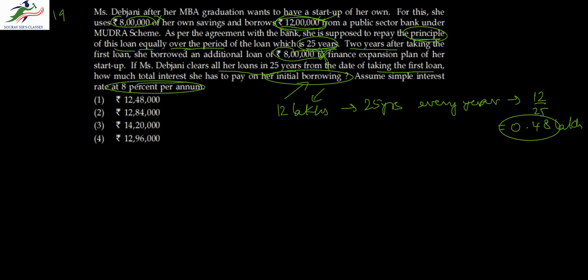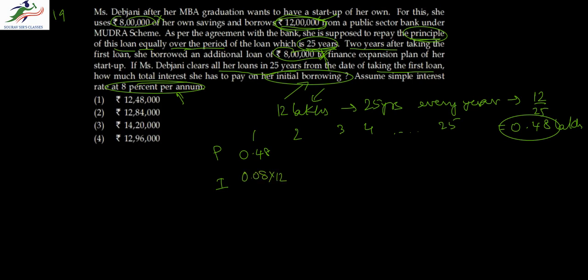So, in the first year, let's see, 1, 2, 3, 4, all the way up to 25 years. She will repay the principal amount, which is 0.48 lakhs, plus the interest on 12 lakhs, which is at 8%. So this is 0.08 into 12.